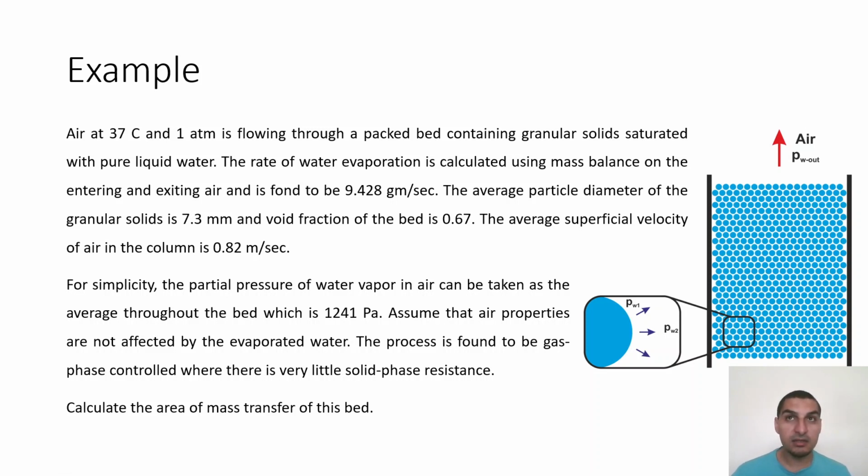We can tell for these kinds of problems, or in this course, that the area is in most cases only available in one equation, which is the relation between the flux and the rate. This is the only place where we can find the area part of our calculations. So we know the rate, and if I can calculate the flux, then I can calculate the area. This is simply what I would do.